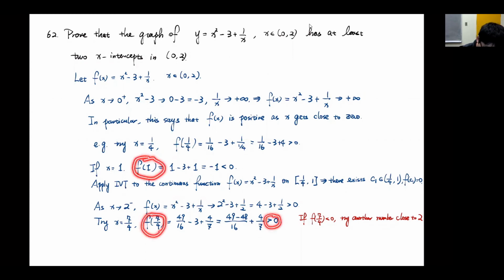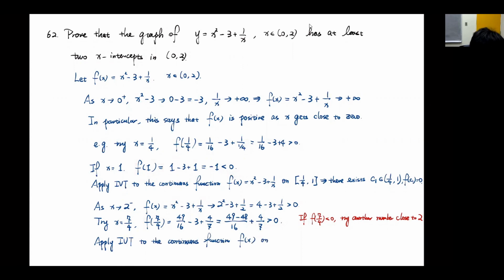Then now, together with the fact that the function value at the point 1 is negative, we could use our intermediate value theorem on the continuous function f of x on the interval 1 to 7/4, and we conclude that there exists C2 sitting strictly between 1 and 7/4, such that f of C2 equals 0.